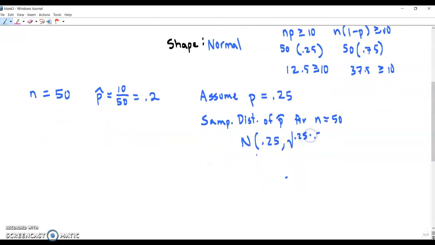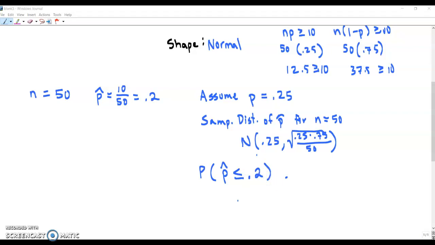We never actually calculated this in the previous step, which we should have. So assuming that's true, what is the probability of getting a particular p hat that is as small or smaller than 0.2?